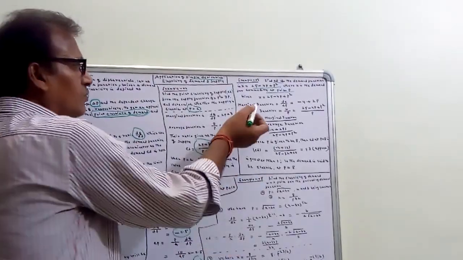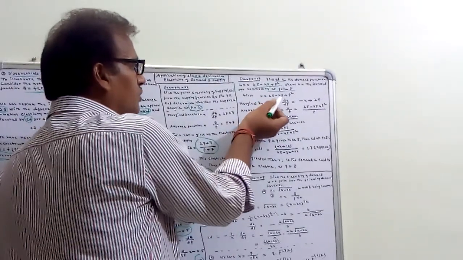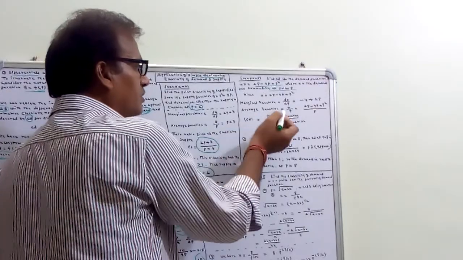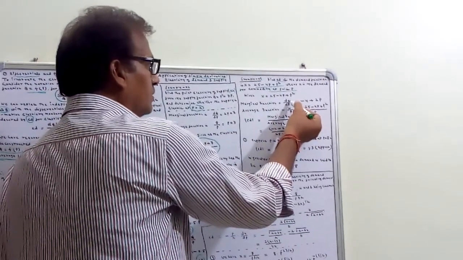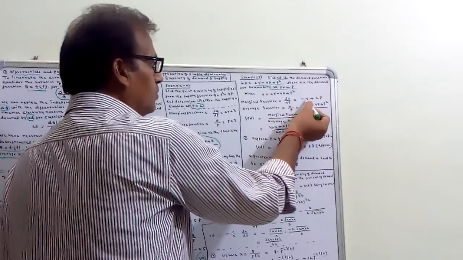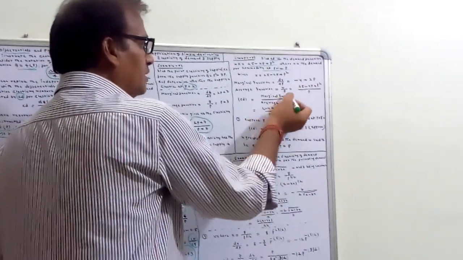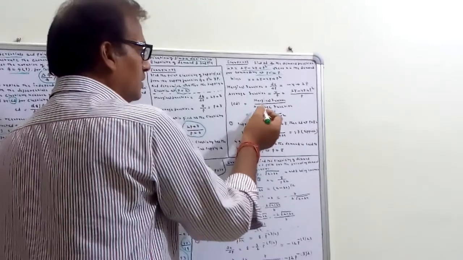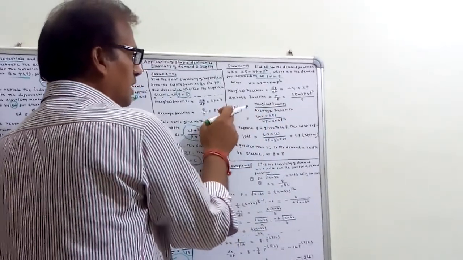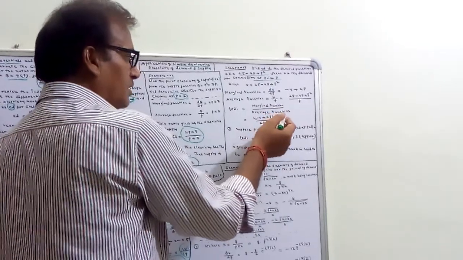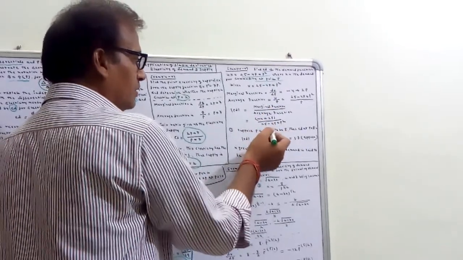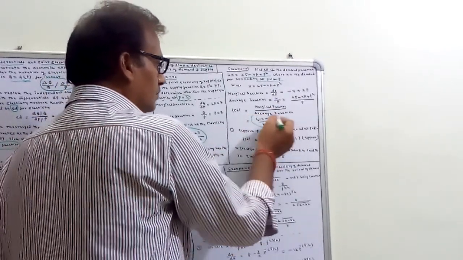Now given x equal to 25 minus 4p plus p square, marginal function, differentiation of x demand function with respect to p equal to minus 4 plus 2p, average function x by p, and elasticity of demand in modulus form, marginal function divided by average function. Now putting these values, we get this one.